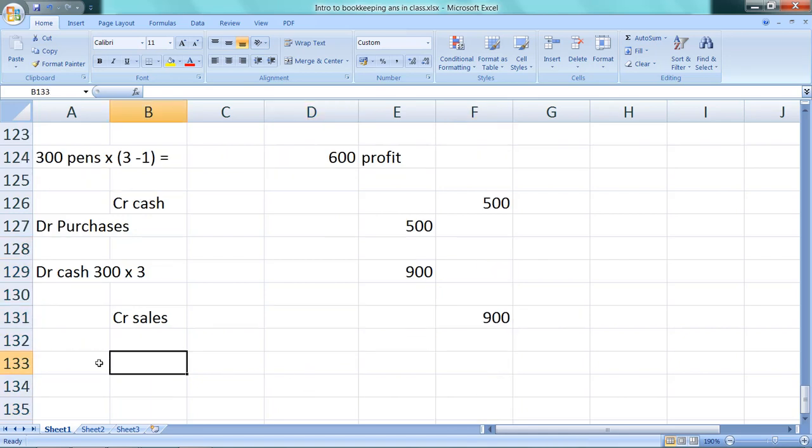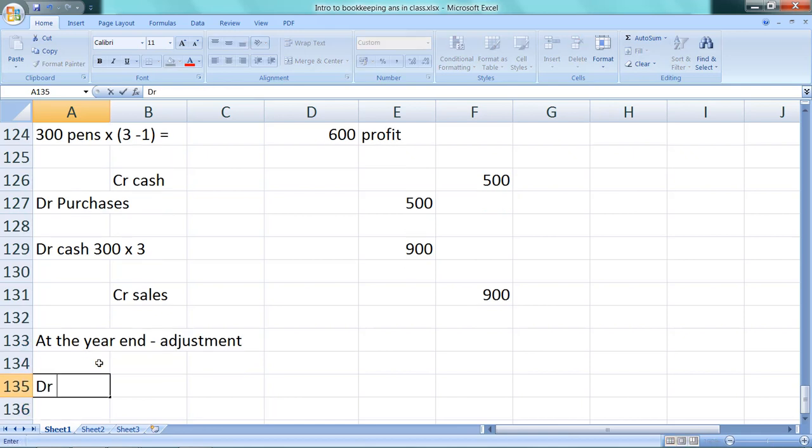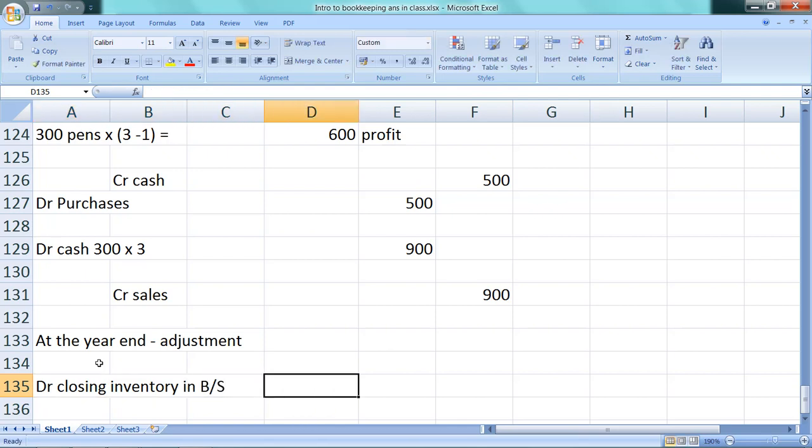So at the year end, we process an additional adjustment. This additional adjustment will be for my closing inventory or my closing stock. What we do is we debit closing inventory in the balance sheet, to the tune of, I've got 200 pens multiplied by £1 each, which means I'm going to debit £200.